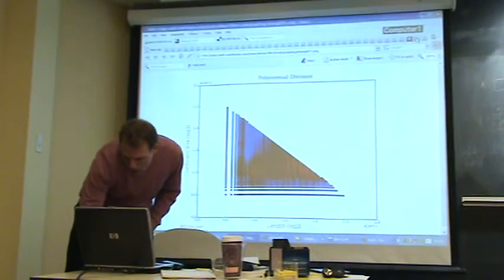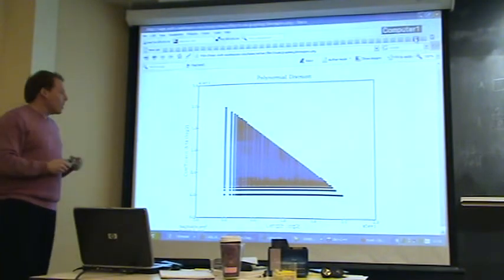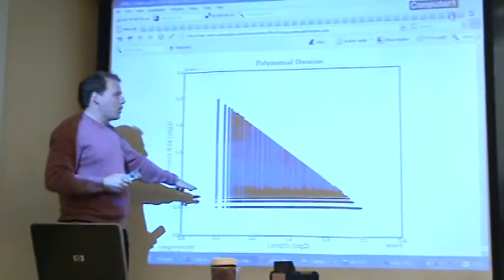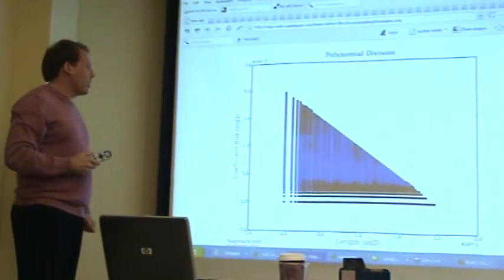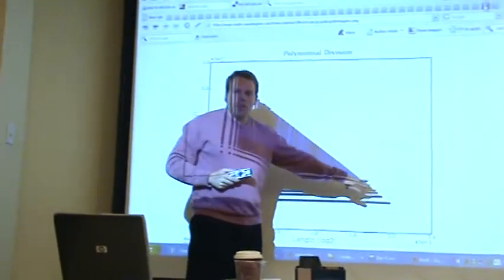Let's see. So let me first give the comparison with Magma. This is a comparison of FLINT division with Magma's fast division in QX. It's actually not very clear here, but there is some red in this region here.